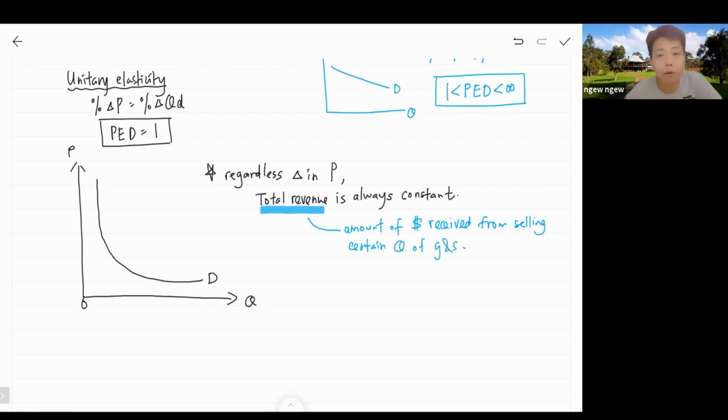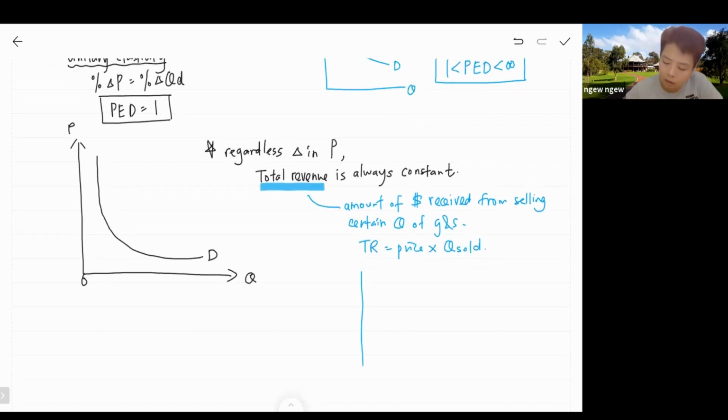Therefore, total revenue comes with a formula. TR equals price multiplied by quantity sold. Therefore, TR can be calculated with this method.